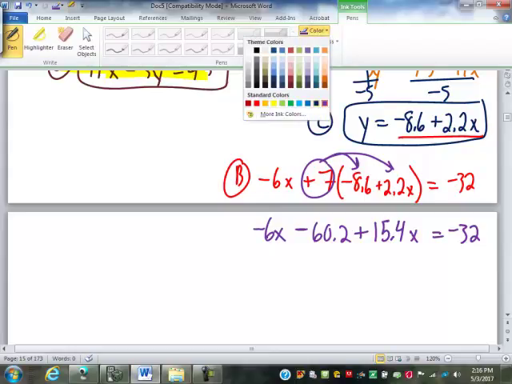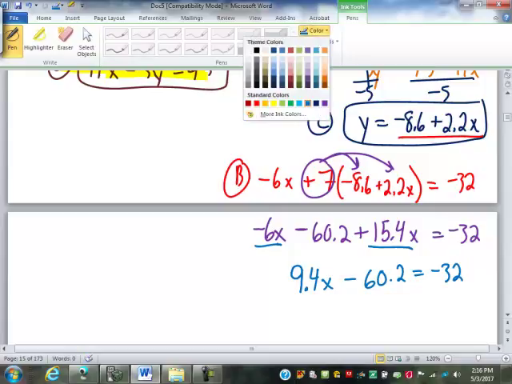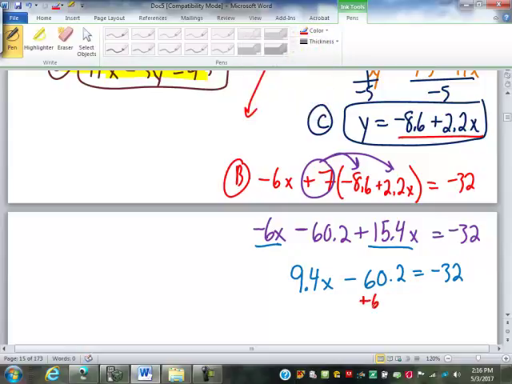So now I'm going to combine. I have negative 6x and 15.4x. Well, 15.4 and negative 6 make 9.4x. Good. Minus 60.2 equals a negative 32. So now we have to add the 60.2.